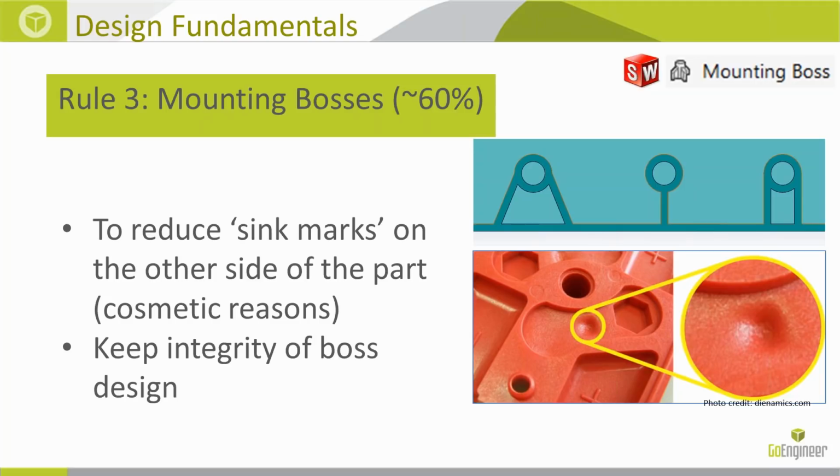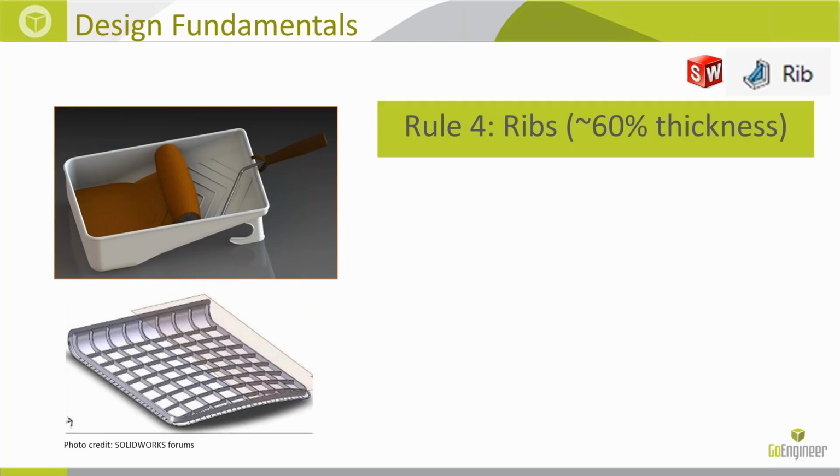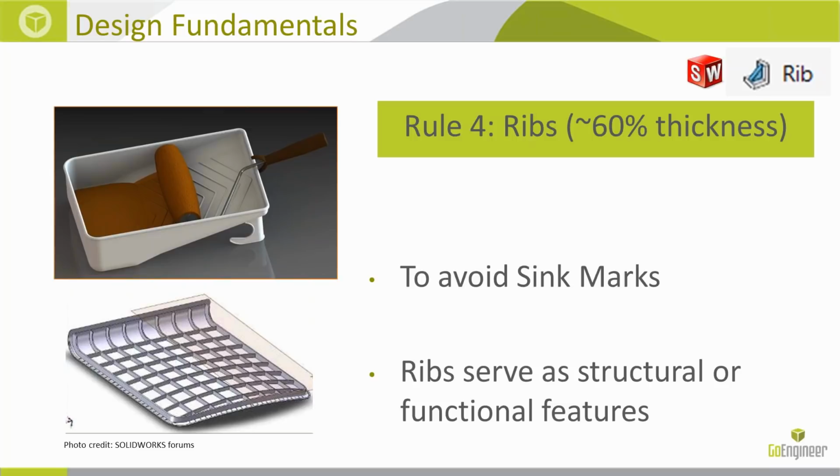So it really depends on the final application of that part, but you definitely don't want to compromise the integrity of that part. Your analysis tool can tell you if it needs to be 60% or 65%. You can actually run the analysis and get that sweet spot of what that thickness needs to be for those inner features. And the same thing applies for ridges.